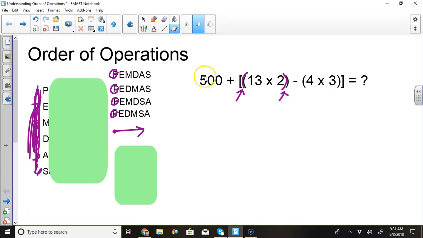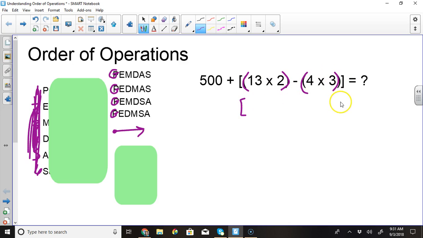All right, so this example over here. First, we're going to identify the grouping symbols, and if there's more than one, we're going to do the innermost grouping symbol. So we see 13 times 2 and 4 times 3. So we're going to keep this grouping symbol, brackets, because we haven't done that yet, and we're going to do the parentheses grouping symbol. 13 times 2 is 26 minus 4 times 3 is 12.